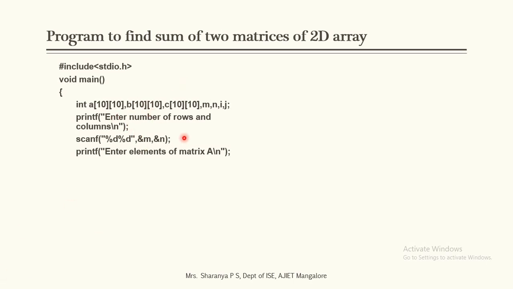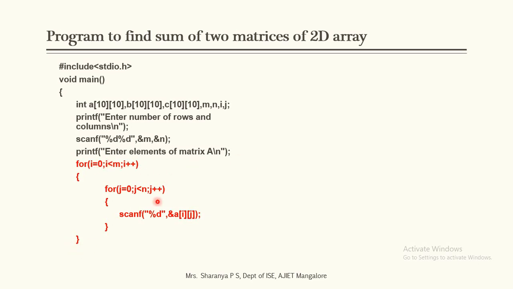Now coming to the number of rows and columns, we are reading from the user, and we are asking the user to enter the elements of the matrix A. The same logic we are using here as well to read the elements into the matrix.